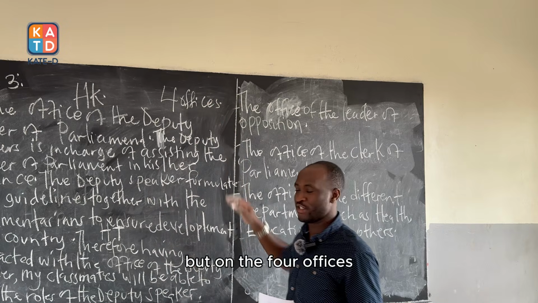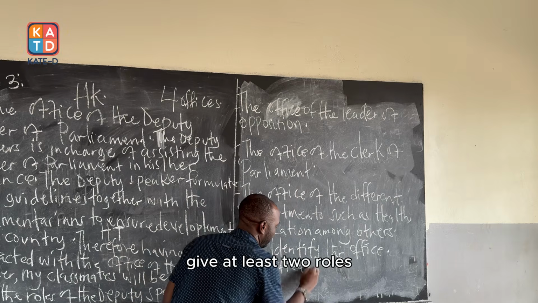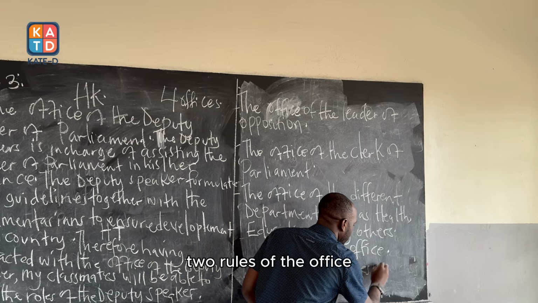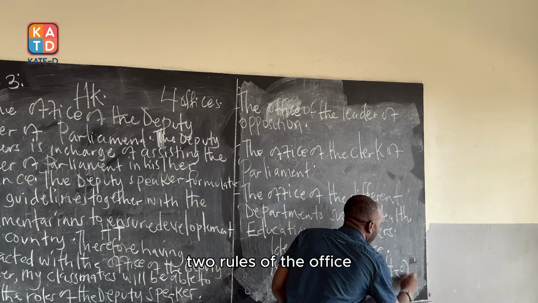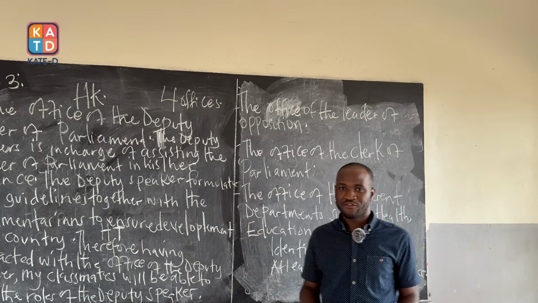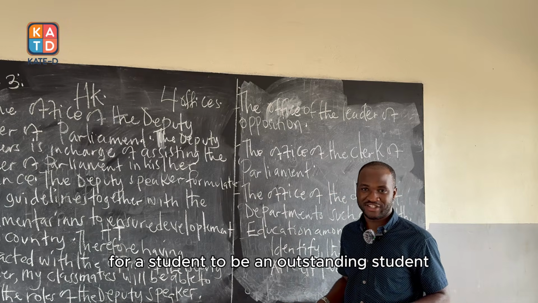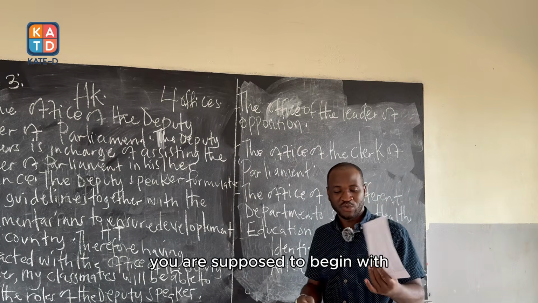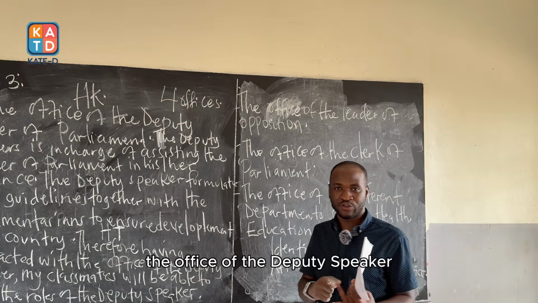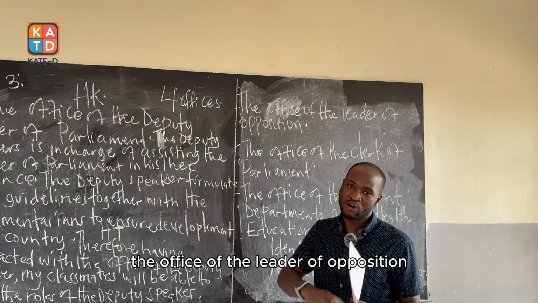But on the 4 offices, we needed to identify the office, and give at least 2 roles of the office. So that means for a student to be an outstanding student, you are supposed to begin with the office of the speaker. You could mention the office of the speaker, the office of the deputy speaker, the office of the clerk of parliament, the office of the leader of opposition.